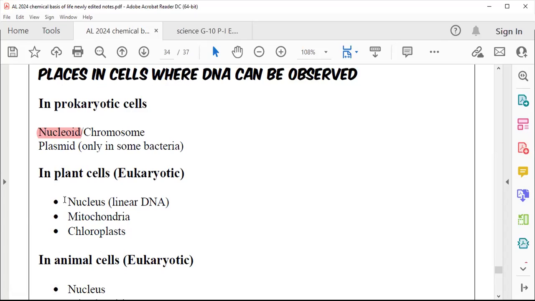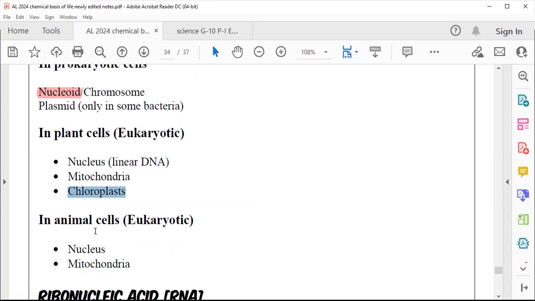In a eukaryotic plant cell, what are the places you will notice DNA? Nucleus, mitochondria, chloroplast. In the nucleus, what kind of DNA is there?